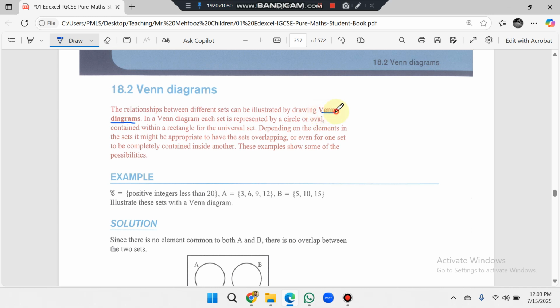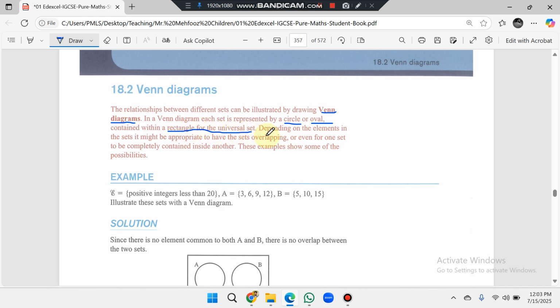After that, in the Venn diagram, each set is represented by a circle or oval shape. So when we are dealing with the Venn diagram, a single set is represented by a circle or oval shape contained within a rectangle. So all the sets are inside the rectangle. And what is the rectangle? The rectangle is basically the universal set.